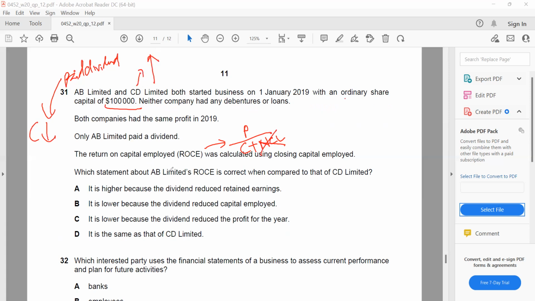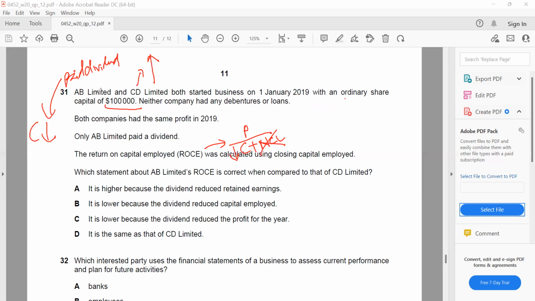So which statement about AB Limited ROCE is correct when compared? So when this one is lower, this ROCE should be higher. Okay, so this one lower, this profit should be higher. So it is higher because dividend reduces the retained earning.